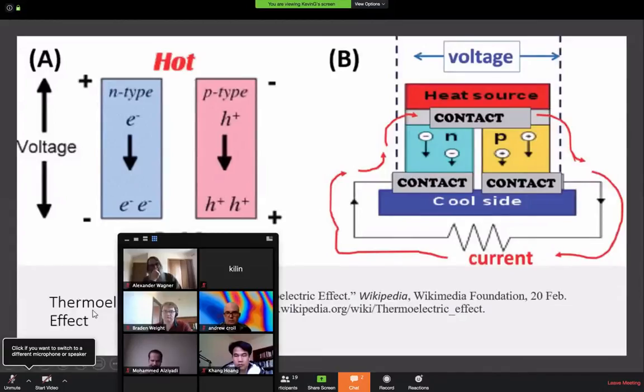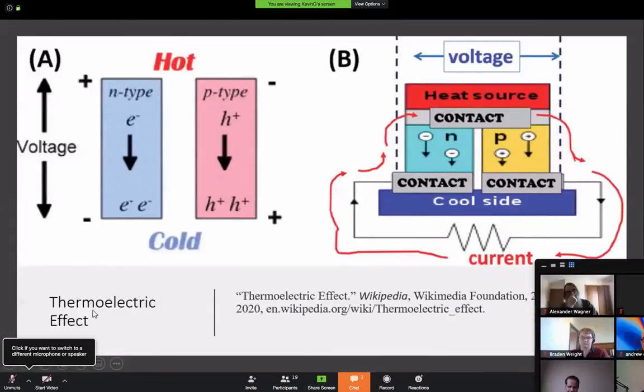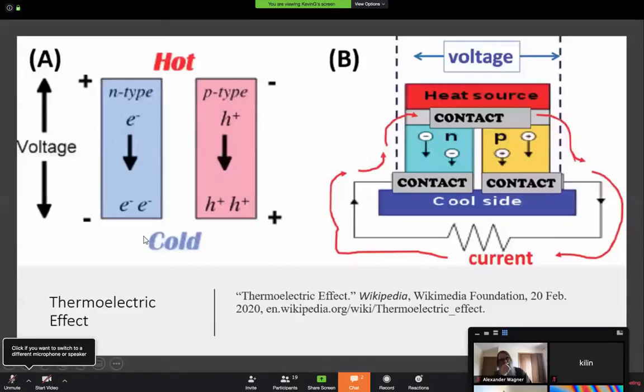And this is in contrast to the thermoelectric effect, which is what I'm studying. So you have here in panel A a hot side and a cold side. Initially, all the electrons are right here on the hot side.